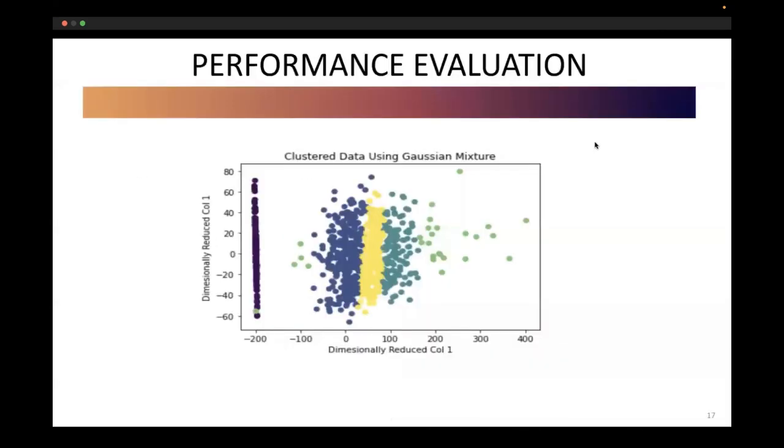Actually, we performed the Gaussian mixture clustering on the dimensionally reduced data from the Cleveland heart disease dataset mentioned before, and the data is clustered into 4 different categories, where each is represented in a unique color in the given scatter plot. We got an adjusted rand index of 0.07, and this clustering performs better than the DBSCAN and k-means algorithms discussed before.